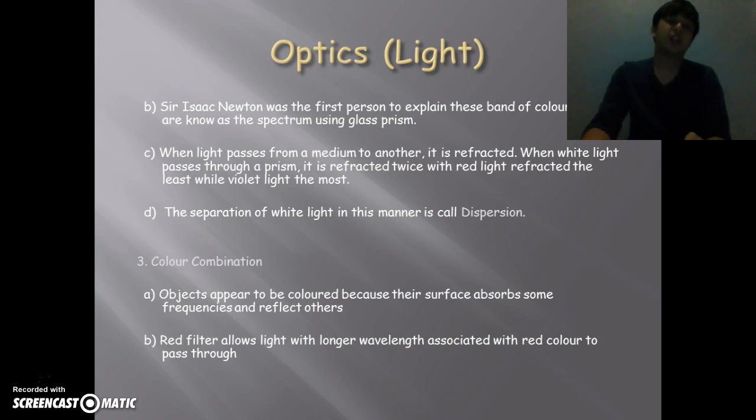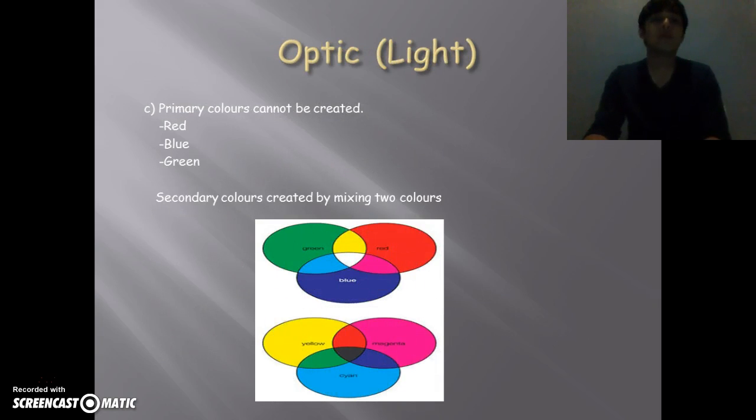There are 2 types of colors: primary colors and secondary colors. Primary colors cannot be created at all, though green can actually be created just by adding blue and yellow, but I'm not questioning any of that. Secondary colors can be created by mixing 2 colors.